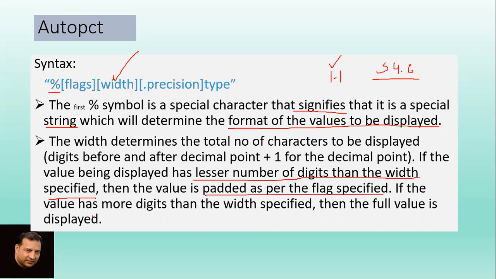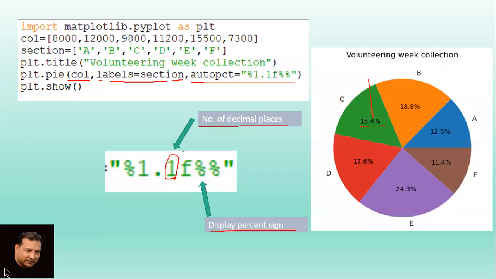So if it has more digits than the width specified, then the full value is displayed. In this case, it was 1.1, size was only 1, but still the full value is being displayed, 15.4. The pie function automatically calculates the percentage or proportion.